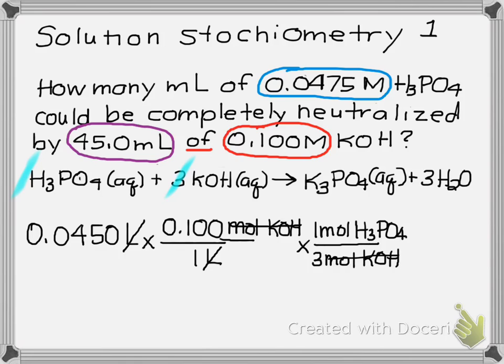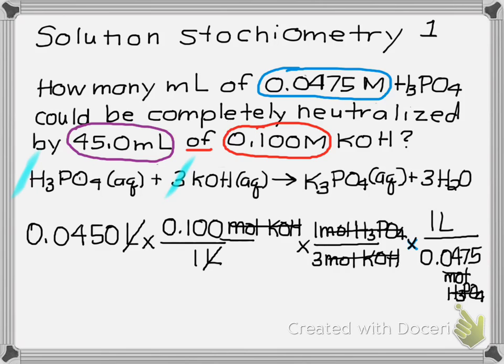Now remember, 0.0475 molar means 0.0475 moles per liter. So I'm going to write this as 0.0475 moles of H3PO4 in 1 liter of solution. So I'm using the concentration unit as a conversion factor.